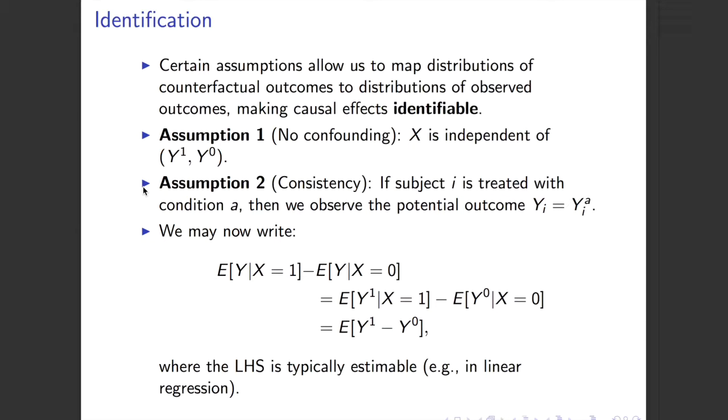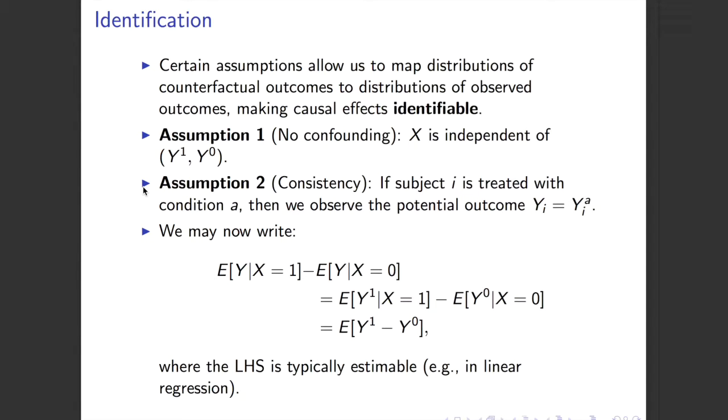With these two assumptions, we may now write the expected value of y given x equals 1, so this is just conditioning on people who were treated, minus the expected value of y given x equals 0. So you can see that as something that could be estimable in like a linear regression. We can write that this is equal to the expected value of counterfactual y under treatment, given x equals 1, and that's due to assumption 2, consistency. And the same for the second term there, which is expected value of y under no treatment, given x equals 0.